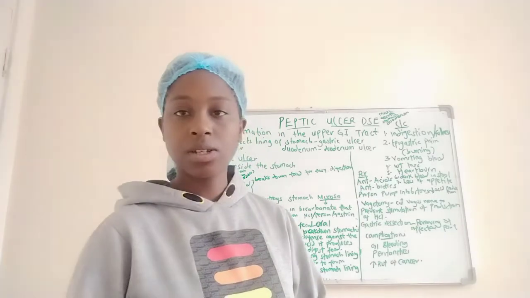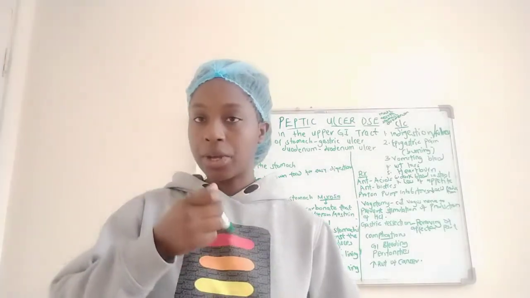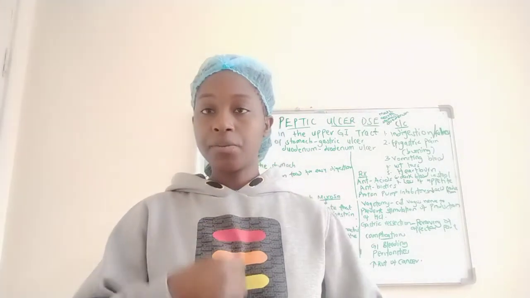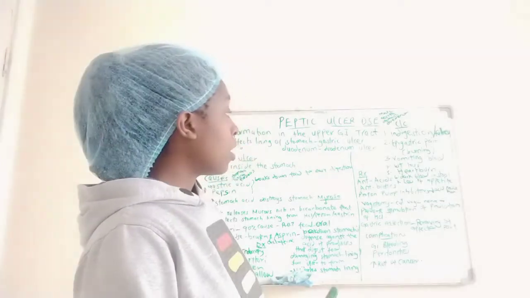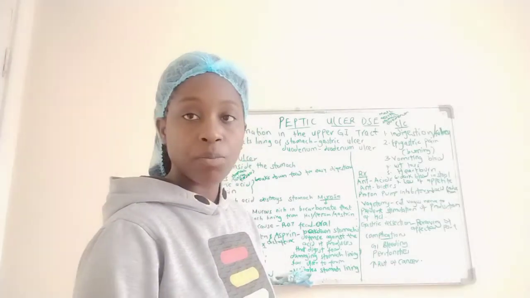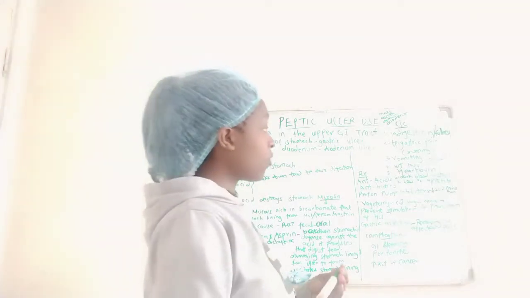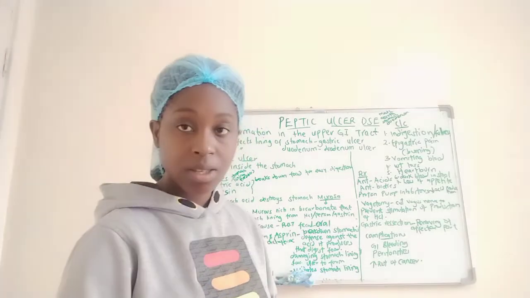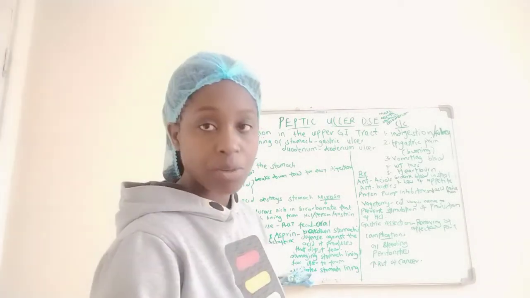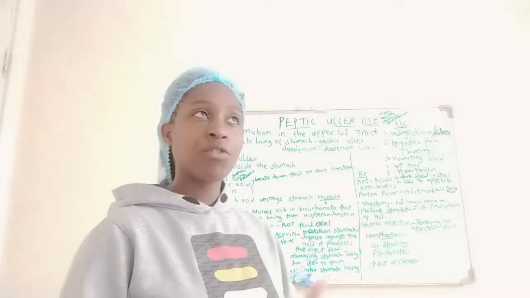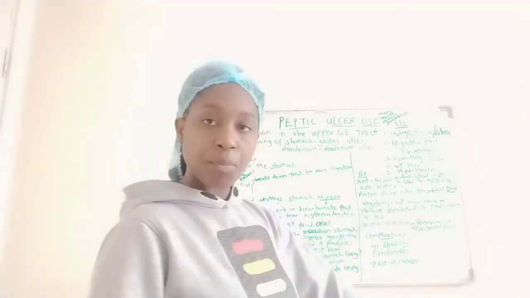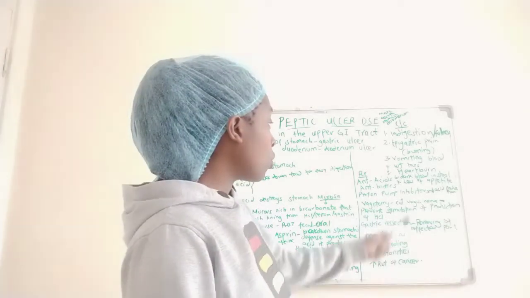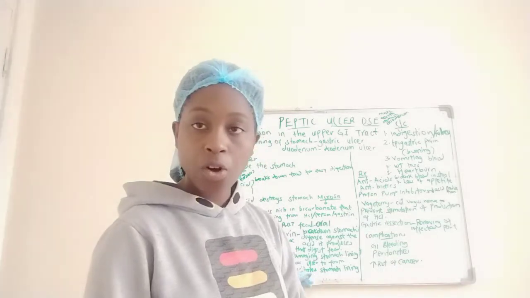That is the pain that occurs along the epigastric region, and it's usually burning in nature. Number three, we have vomiting blood. Number four, we have weight loss. Number five, we have heartburn. We also have melena, or dark blood in stool. We also have loss of appetite.